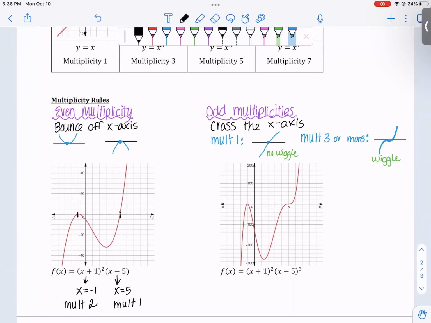So those are the two locations of our zeros. You'll notice here at -1, the multiplicity was 2, so it came up and bounced. And then when it hit the x-axis again at 5, it passed through. No wiggle.